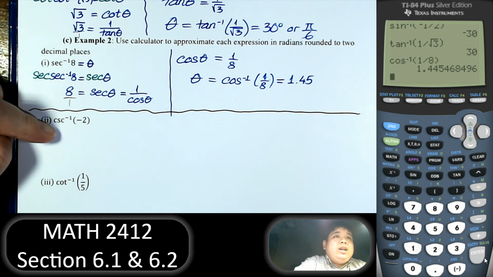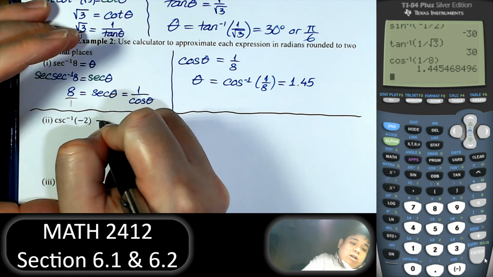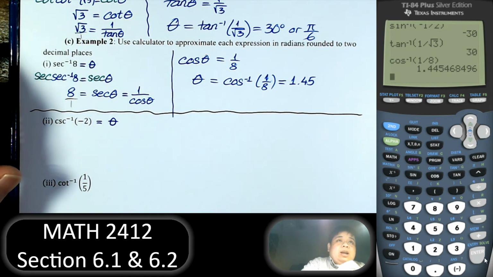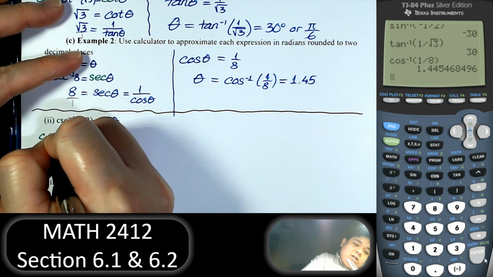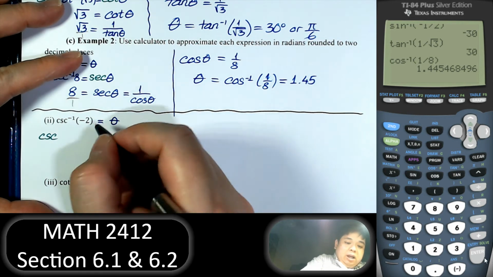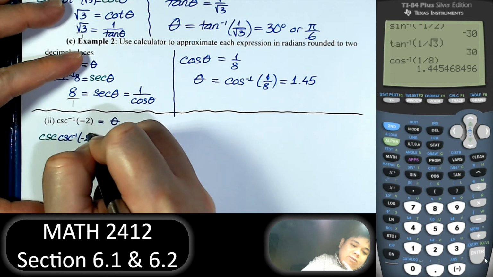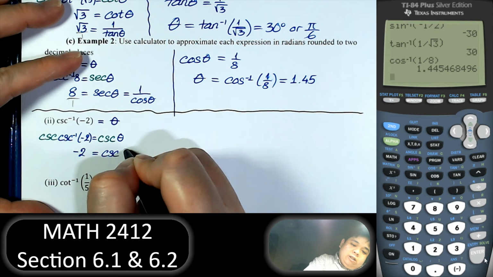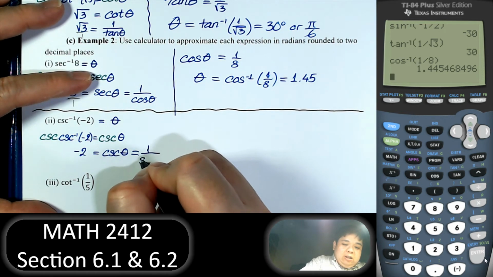Next, how do we do cosecant inverse of -2? Well, same thing. If we don't know what the inverse equals, make that equal to an angle theta, and then we cancel the cosecant inverse. The function cancels the inverse if it is defined. So -2 equals cosecant theta, which is 1 over sine.